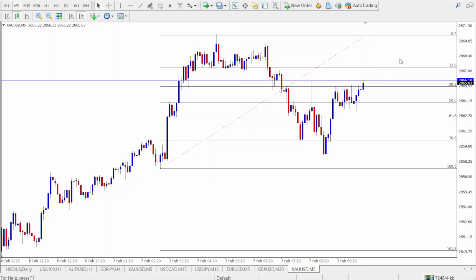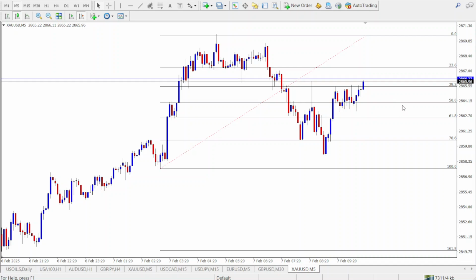The key Fibonacci levels are the 23.6%, the 38.2%, 50%, 61.8%, and 78.6%. Now, the 23.6% shows a shallow retracement or a weaker level. The 38.2% shows a moderate retracement, which is often used for trend continuation.